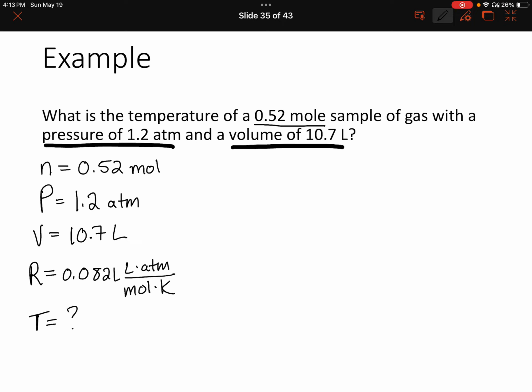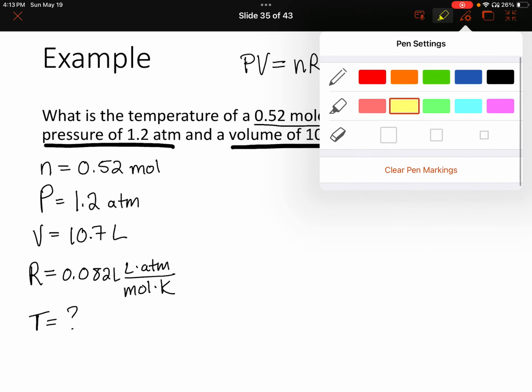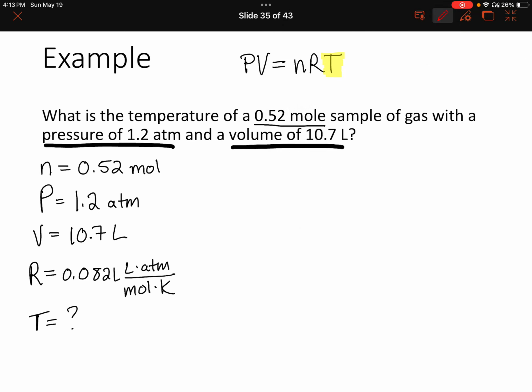Now we're trying to solve for temperature. So again, the equation here is PV equals nRT. Now, if we want to isolate temperature T and solve for that, we need to rearrange our equation. In order to do that, we should divide both sides by nR. So temperature will equal PV over nR.